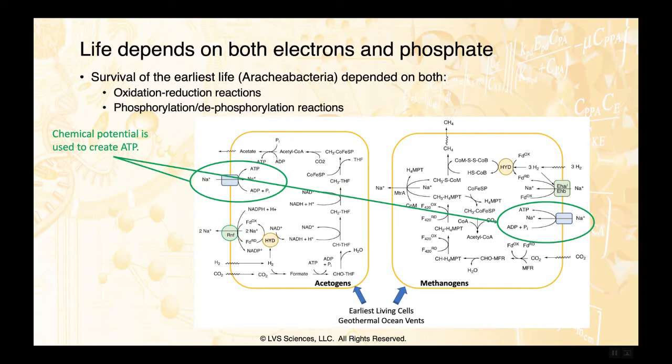as a way to either generate new reducing equivalents or consume the reducing equivalents and do something with the ATP, okay, or the nucleotide phosphates. It's not limited to ATP.